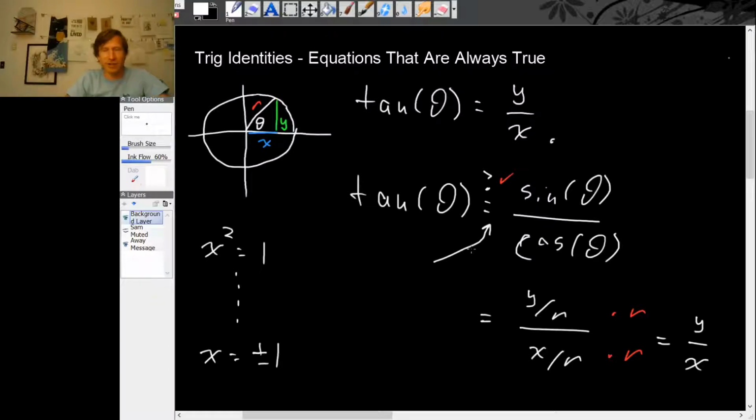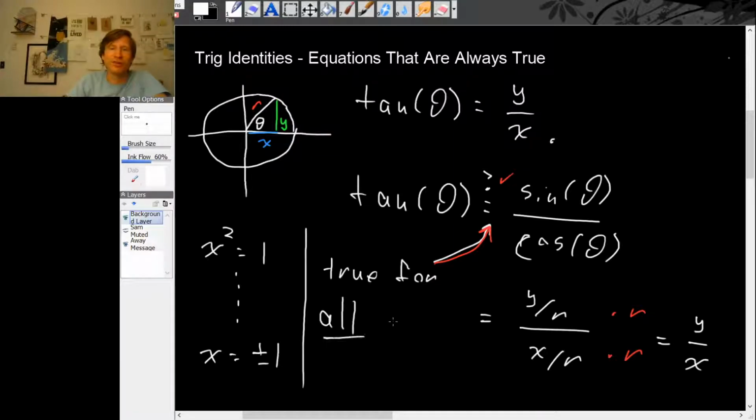This equation, tangent theta equals sine theta over cosine theta, is not the kind of equation that this is. This equation isn't sometimes true. This equation is true for all values of theta. So this is true for all theta. We aren't saying this is true for some values of theta and we would like to know which theta.